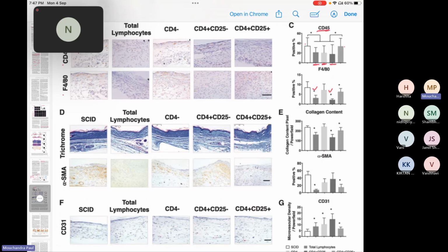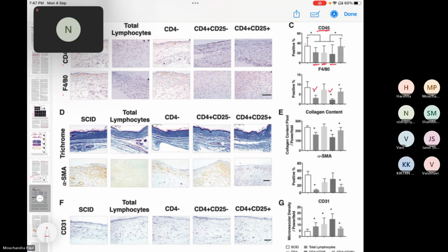Then scarring. So they tried to see what is the effect on scarring, that is how much collagen deposition has taken place. So they saw it through trichrome staining.